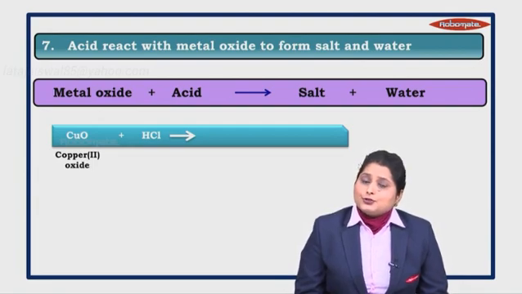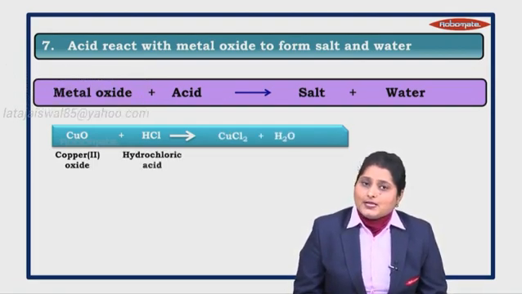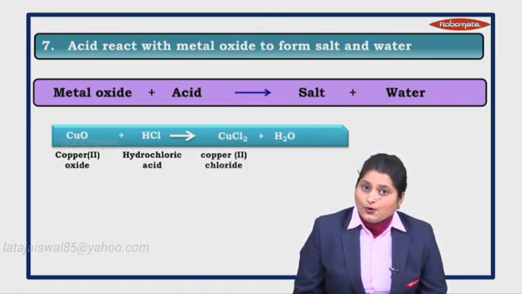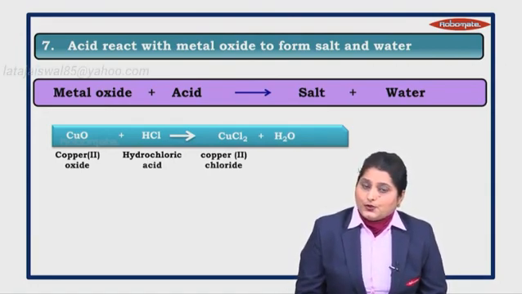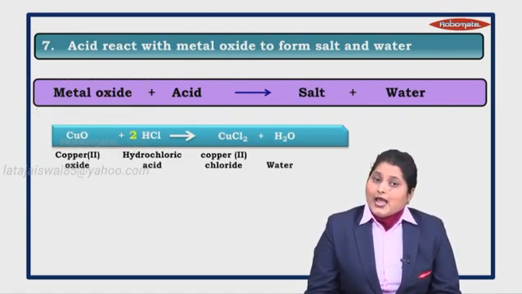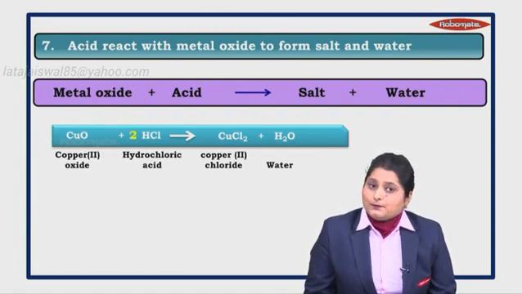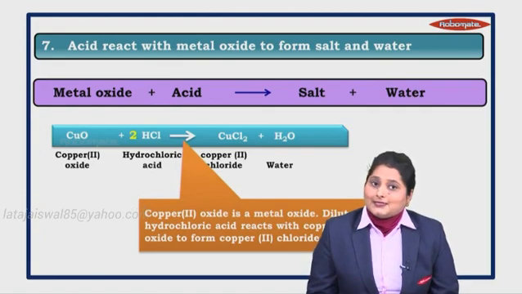So copper 2 oxide reacts with hydrochloric acid to form CuCl2, that is copper chloride, and H2O. Here we can also say it is copper 2 chloride because the valency of copper is 2. We go ahead with this in a little more detail. To balance the reaction, we say it is 2HCl. The moment we put the 2 here, the entire reaction is balanced.